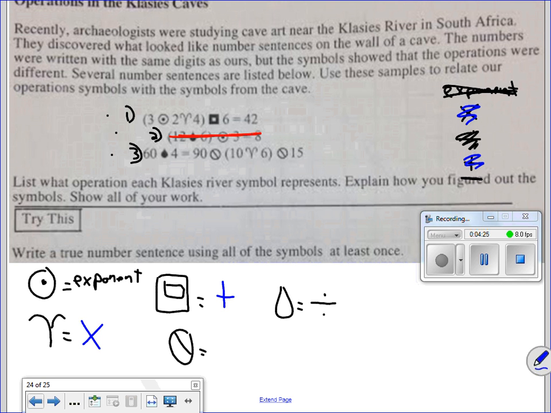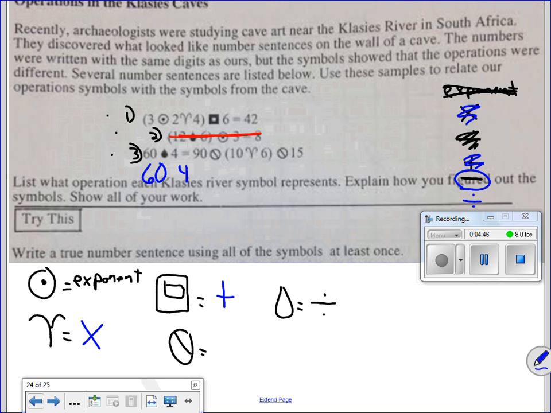So I have 30, let's say 60. So the last one would have to be, so we have subtraction, and we have division left too, don't we, kids? We have subtraction, and we have division left. So let's see if we can figure out what's going on here. 60, something with the 60, and something with the 4.